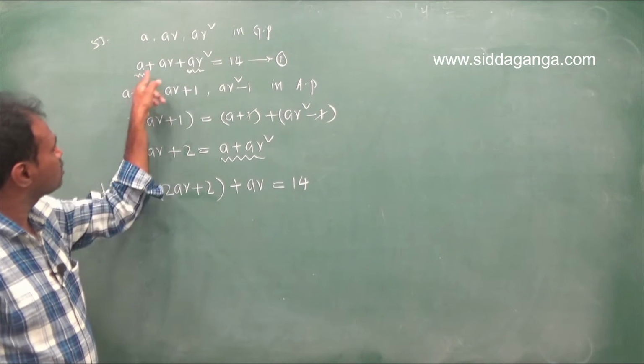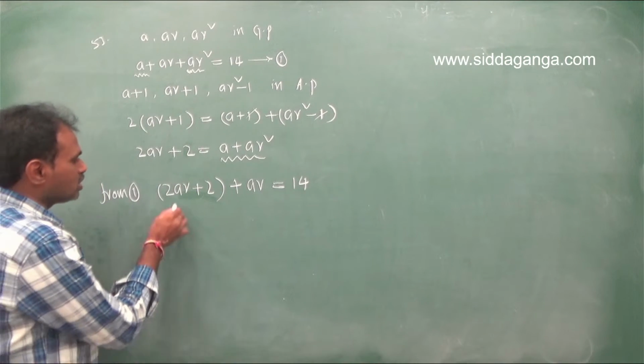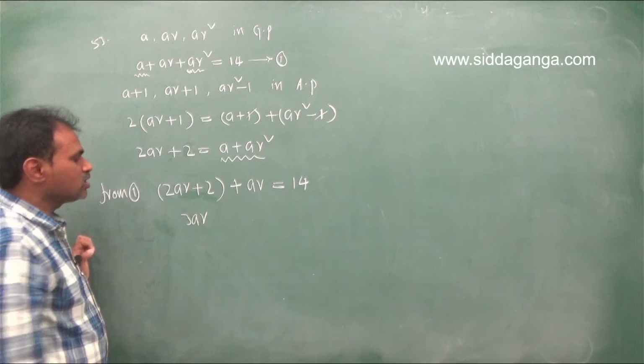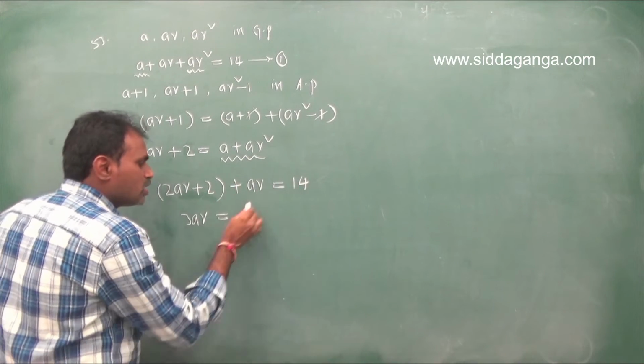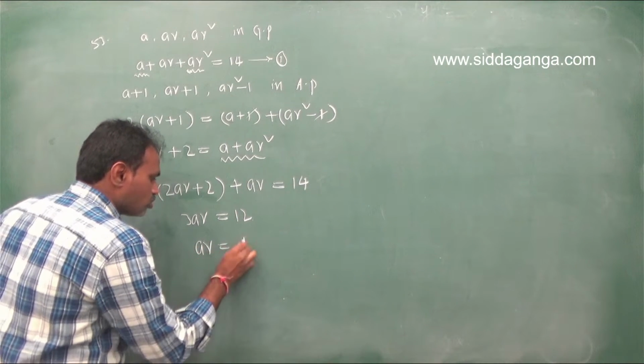Therefore 2AR plus 2 plus AR equals 14. 2AR plus AR is 3AR, equal to 14 minus 2, that is 12. Therefore AR equal to 4.